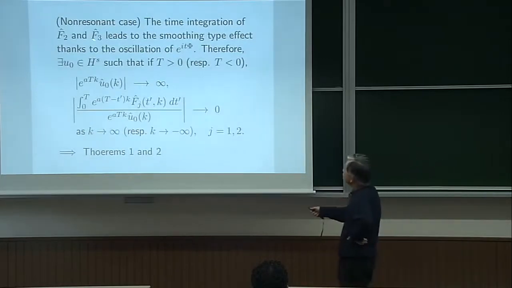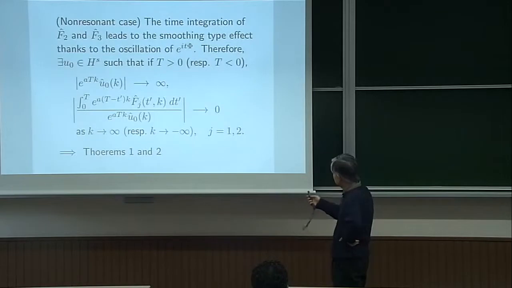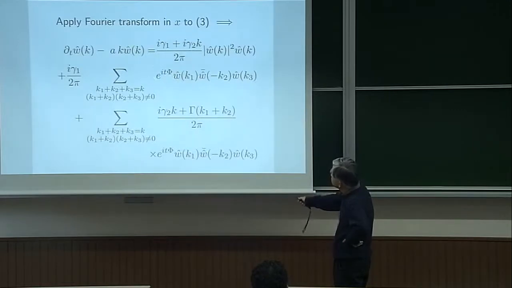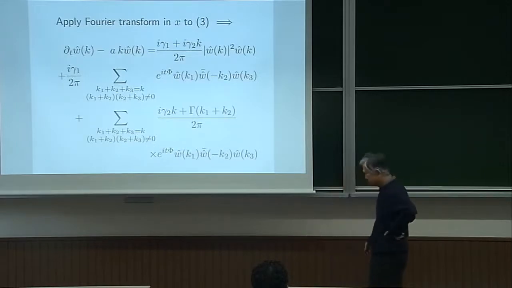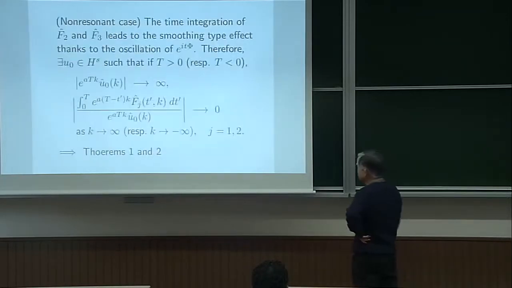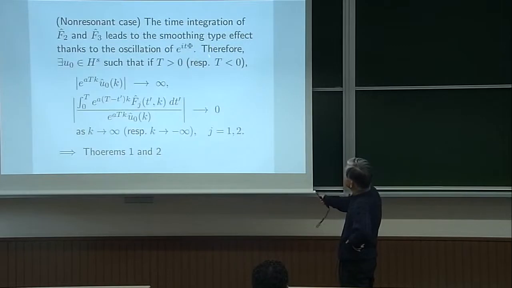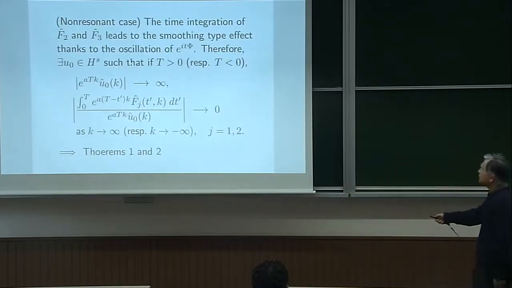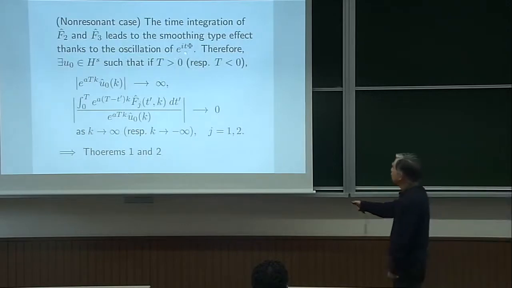Here is an oscillation factor, e to the it phi. And here is also e to the it phi. The time integration of F2 hat and F3 hat leads to a smoothing type effect thanks to the oscillation factor e to the it phi.